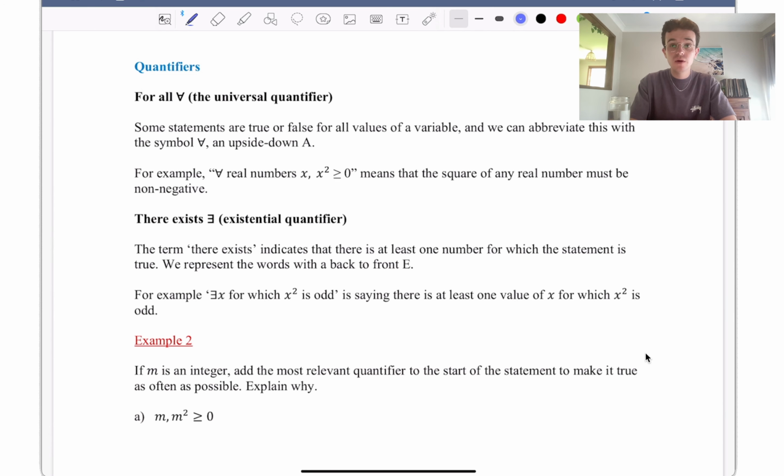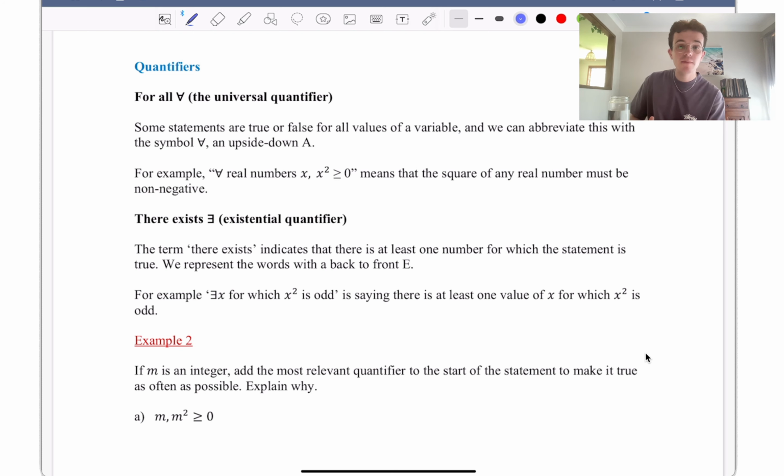Two of the most important things in this topic that we're going to learn at the very beginning, that you mightn't have seen before, I have shown you in Extension 1, but we're going to officially learn what these are now, are our two quantifiers. Number one, and I say two, there are many more than this, but number one is the universal quantifier, for all.